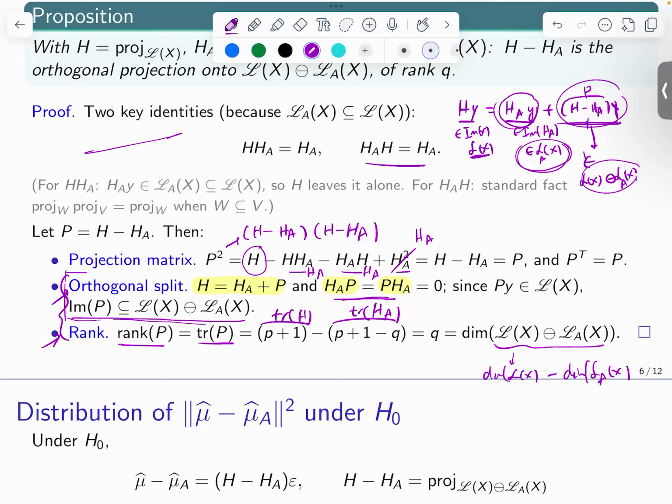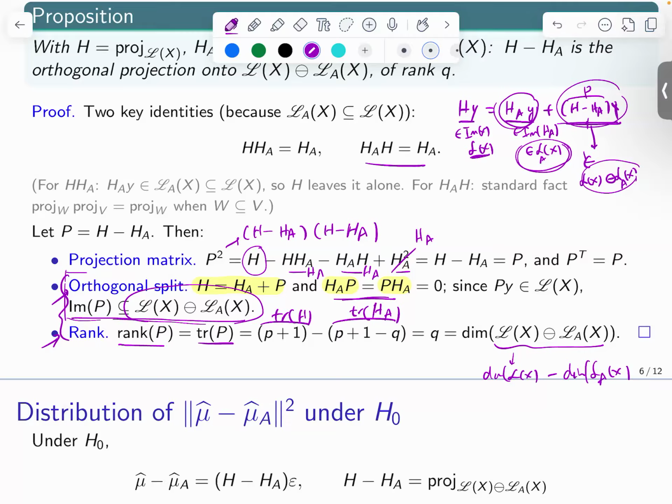It's slightly tricky, but it's the same kind of argument. If you want to be really careful, you can first show that the image of P is inside this, and then argue by dimension, because the dimension of the two spaces are the same. If you have two subspaces that are nested and the dimensions match, they have to be equal, because there's no other room.